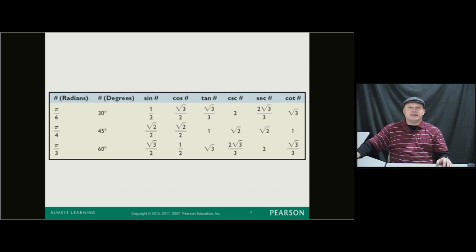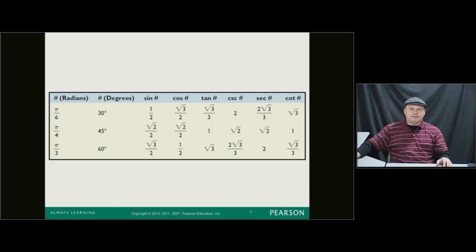The next group of 9, for the cosecant and the secant and the cotangent, like I said, I don't particularly need you to memorize those. They'd be helpful if you did, but you can get those 9 from the previous 9. For example, the cosecant of 60 degrees, which if you look at the table is 2 root 3/3. Well, to do a cosecant of 60 degrees, we look at the sine of 60 degrees. And the sine of 60 degrees is square root of 3/2, the first cell on that 3rd row.